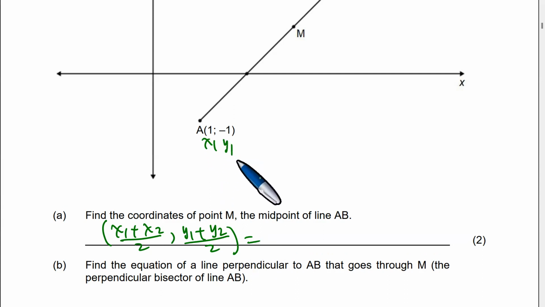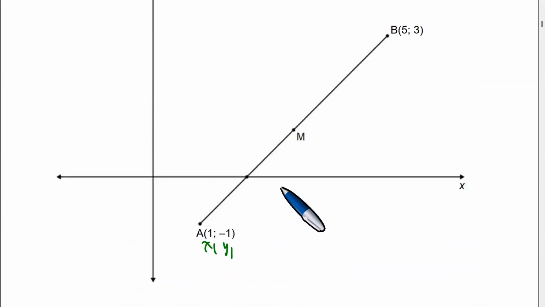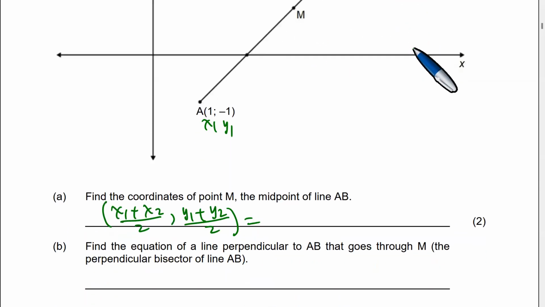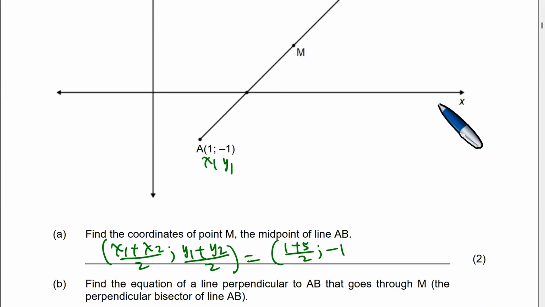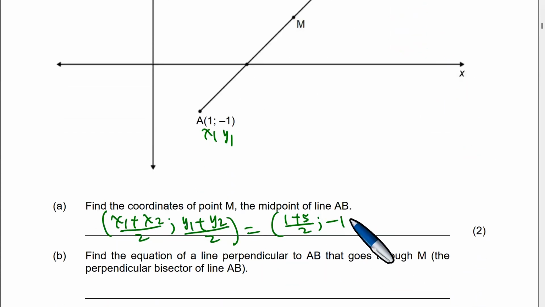With x1, y1 and x2, y2, x1 is 1 and x2 is 5. You divide by 2. And y1 is minus 1, y2 is 3. We divide by 2.